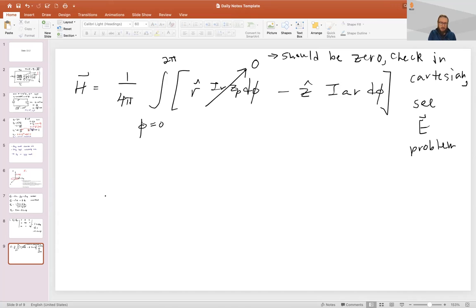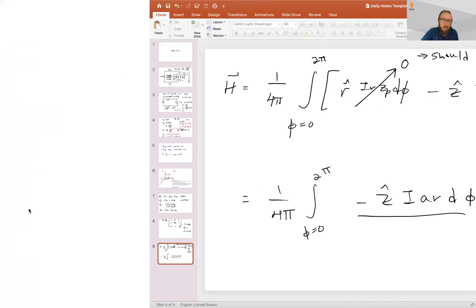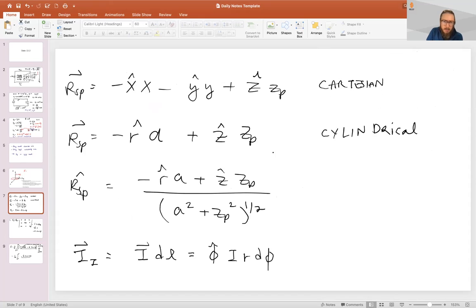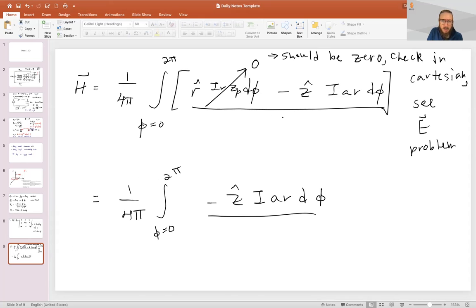So really, it's okay on this problem, where we're in cylindrical coordinates, you could either convert it to Cartesian, or you could just recognize, and I apologize, this should be all over the R sp cubed, which will be this a squared.